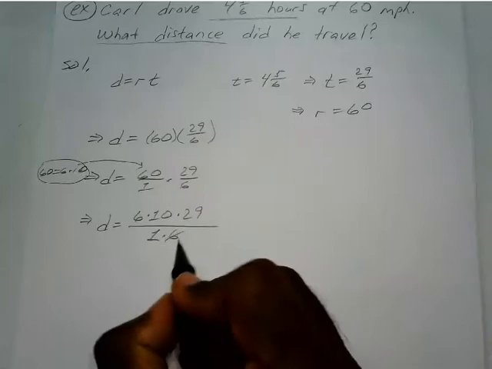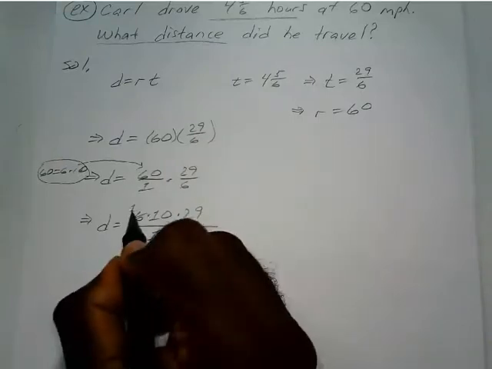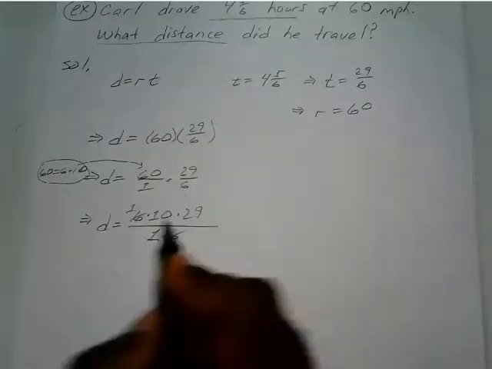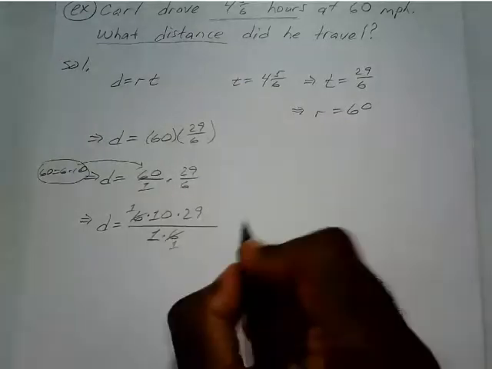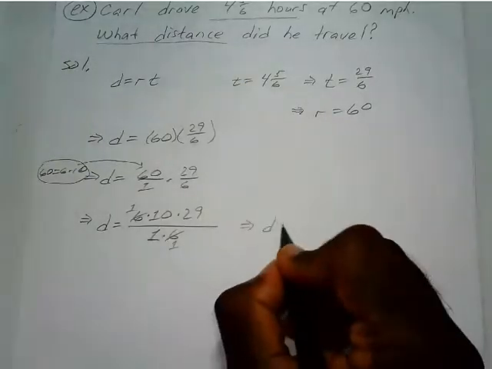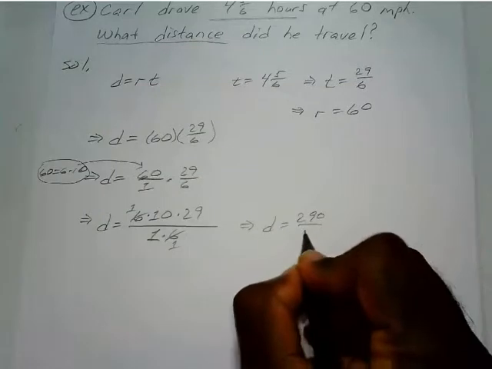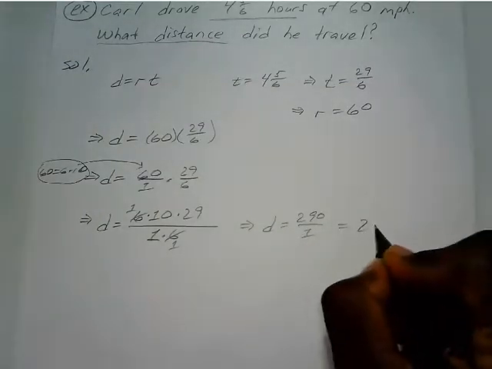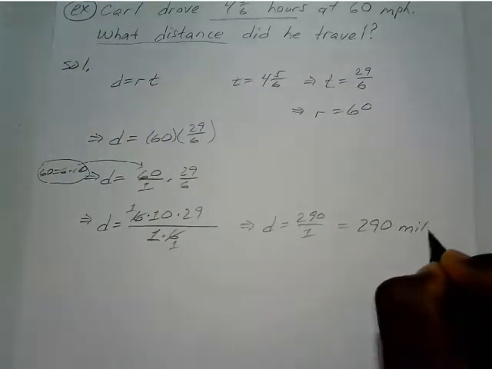What we see here, our 6s both cancel each other out. So we're left with 10 times 29 over 1. So distance equals 290 over 1, or just 290 miles.